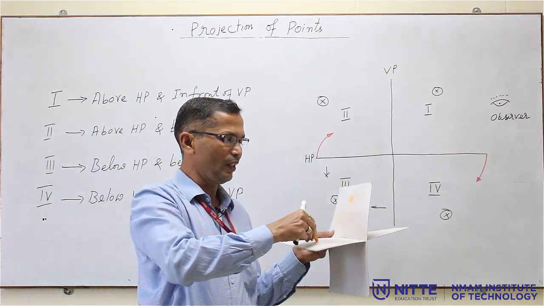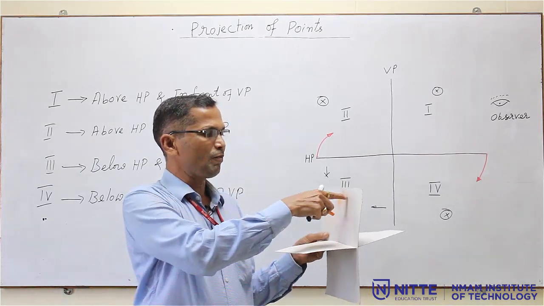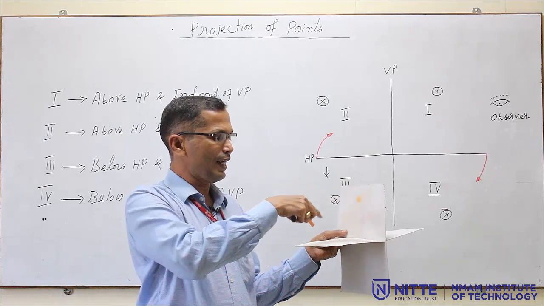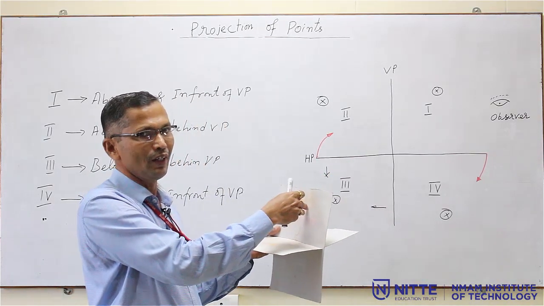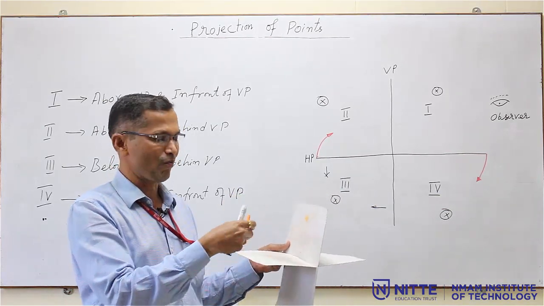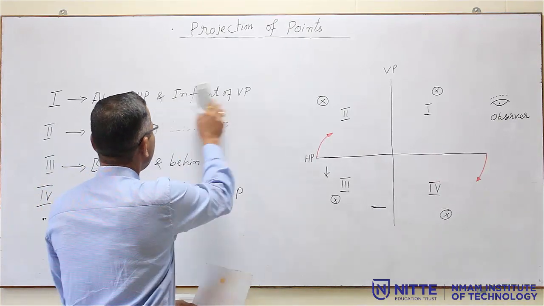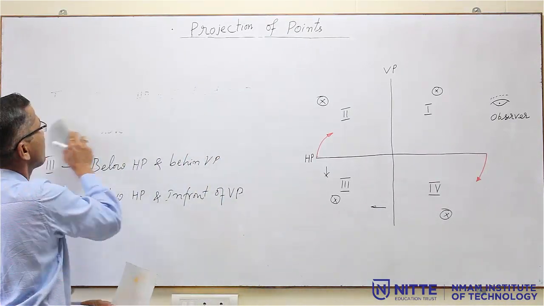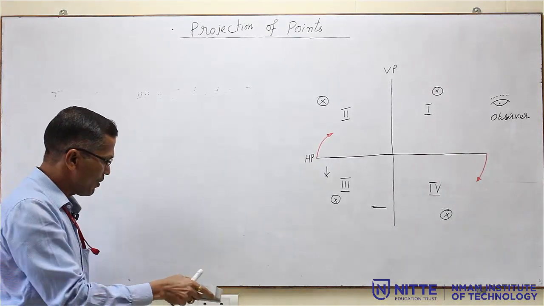We call it the top view. So, two images are obtained on VP and HP. The image obtained on VP we call the front view, and the image obtained on HP we call the top view. Now, we have to make the difference between the top view and front view by naming. The views are named.